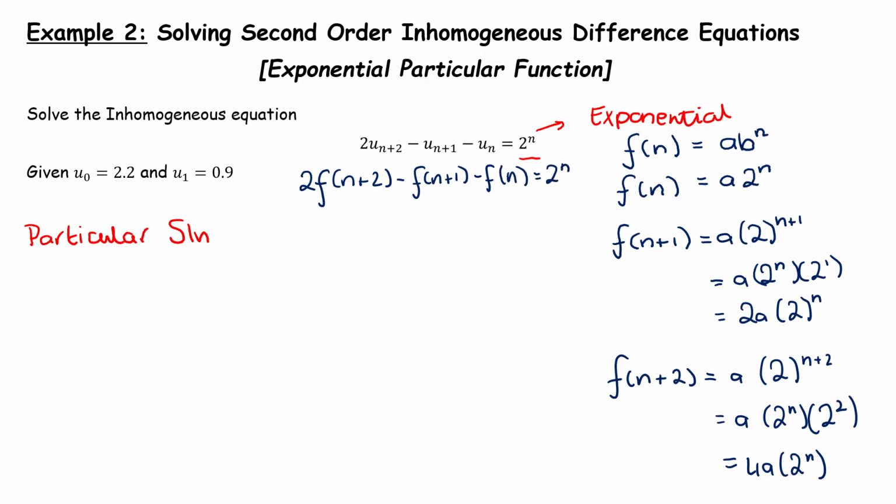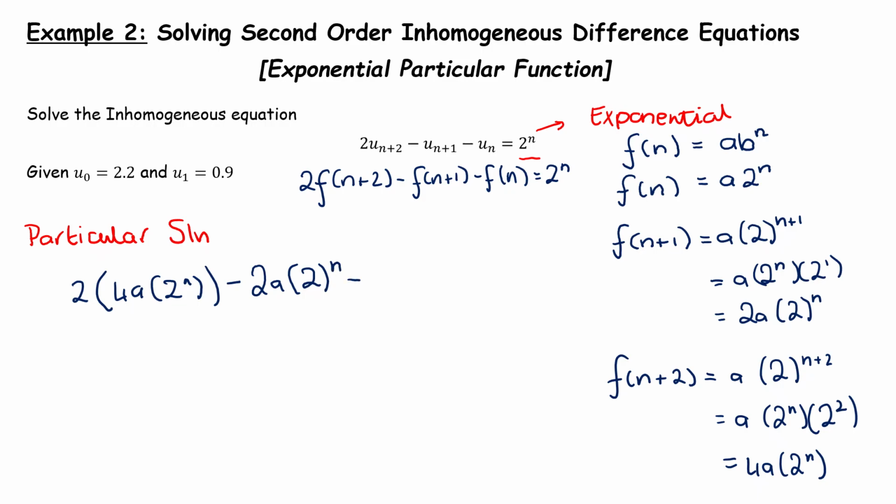Remember that right-hand side doesn't change. So subbing that in, that's 2 times f of n plus 2. We just worked out it's 4A, 2 to the power of n. And then we have minus f of n plus 1, which is going to be 2A, 2 to the power of n.